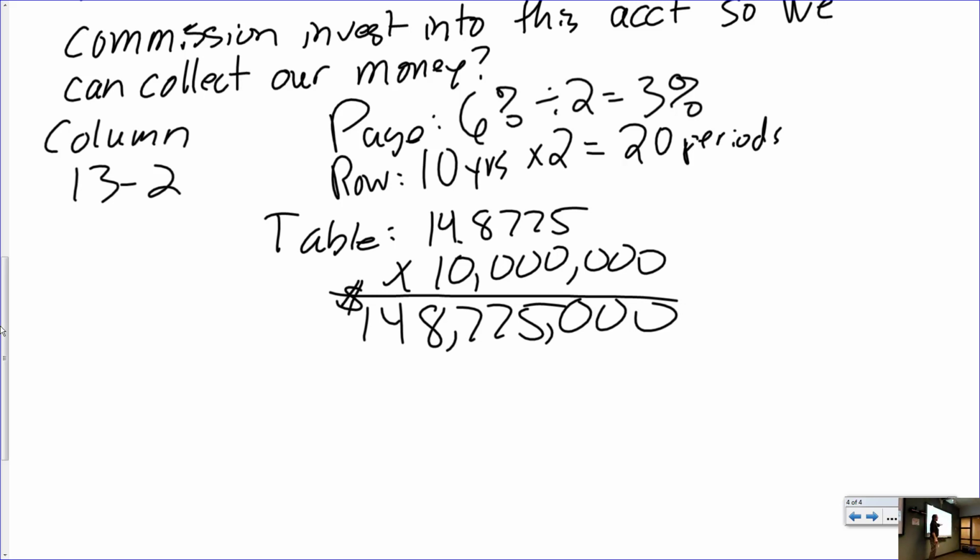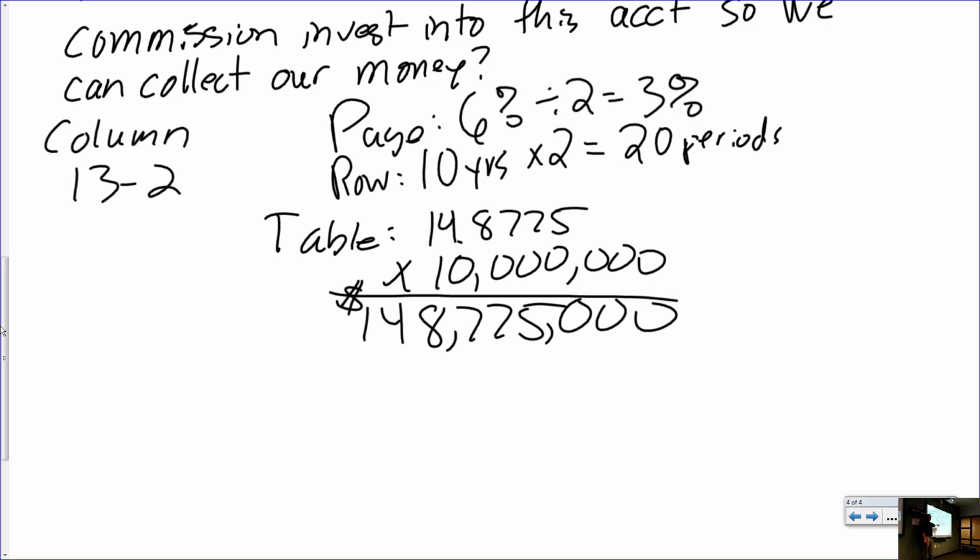And guess what this number also represents? When you win the lottery, what do most people do? They take the buyout, right? They take the lump sum payment. Instead of taking the $10 million every half year for 10 years, they take the lump sum.